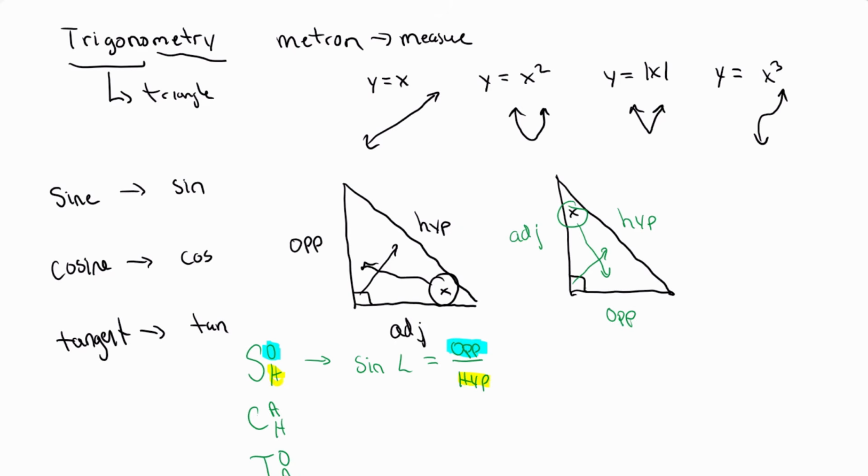If I go down to cosine, the cosine of any angle is going to be equal to adjacent over hypotenuse, CAH. And the tan of any angle is going to be opposite over adjacent.